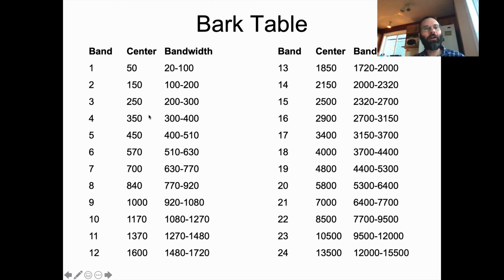So as before, more sensitivity at the lower end than at the higher end, but this is supposed to be a more accurate representation of how the auditory system actually represents sound in terms of how it integrates energy within each one of these bands as it transmits that information to the brain.